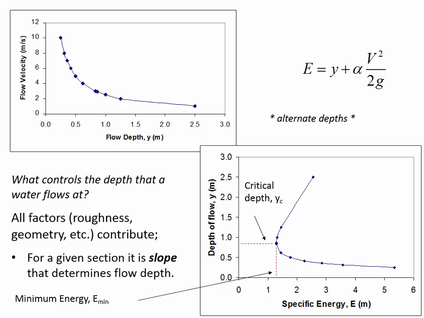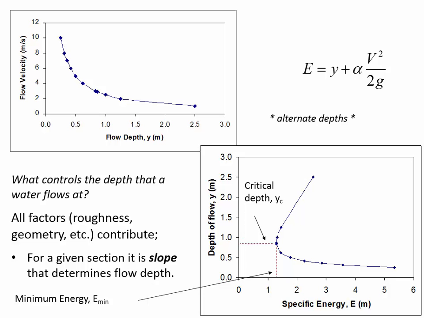And why that's counterintuitive is because sometimes students think, well, deeper must be super. But no, it's the other way around. If you've got deep water, that means the velocity is low. And so it's subcritical. But if you've got shallower water, shallower depth than the critical depth, that means that you're going to have high velocities. And so that's associated with supercritical flow.